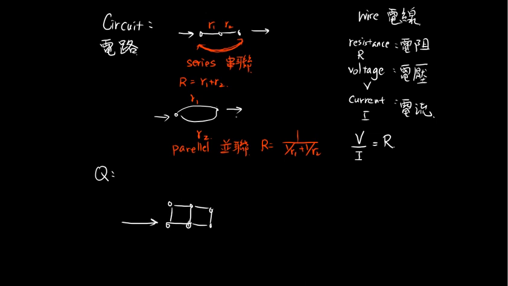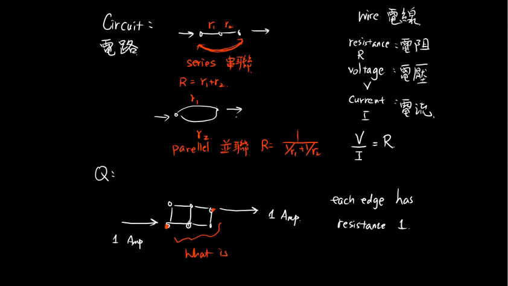If you know there is a 1 amp going inside and then flowing out from the right hand side, and assuming all the edges have resistance 1, then the question is, if you go from this side to this side, what is the resistance?